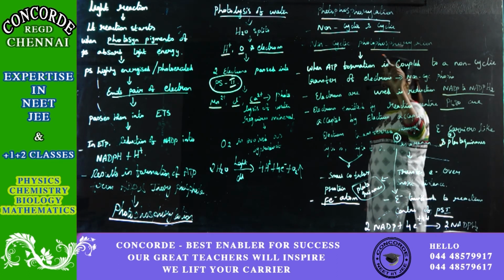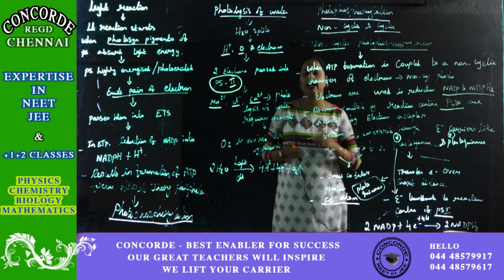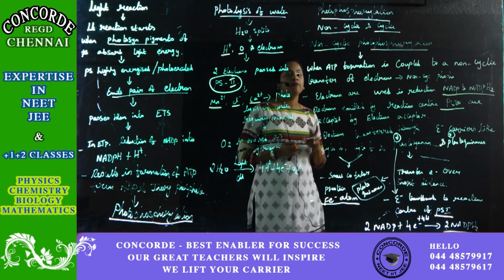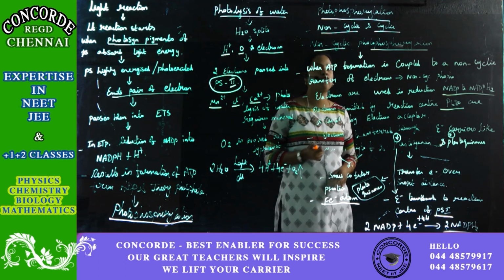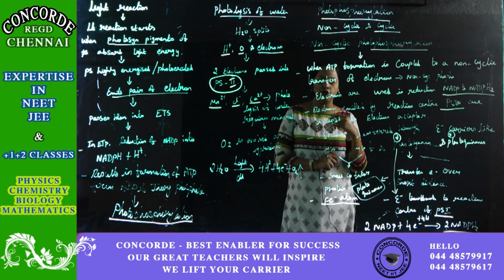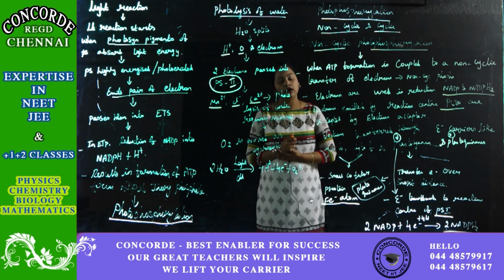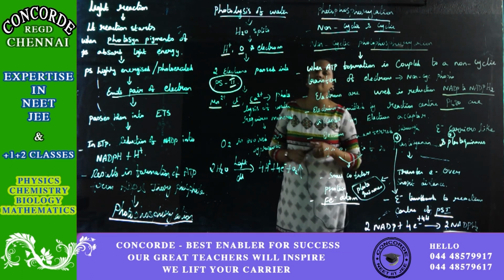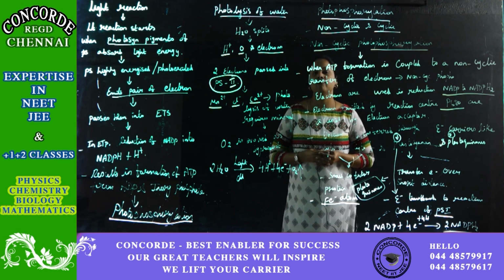So in non-cyclic photophosphorylation, NADP is reduced into NADPH2, and at the end 2 NADPH2 are produced. This happens as electrons are emitted by the reaction center. So this is about non-cyclic photophosphorylation. Next we move on to cyclic photophosphorylation.